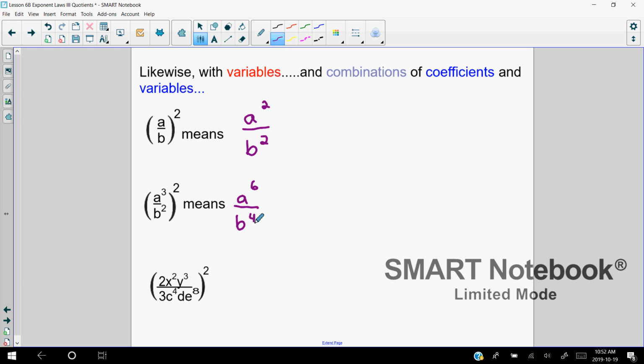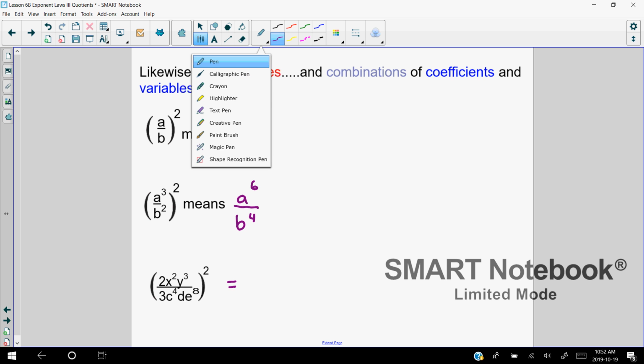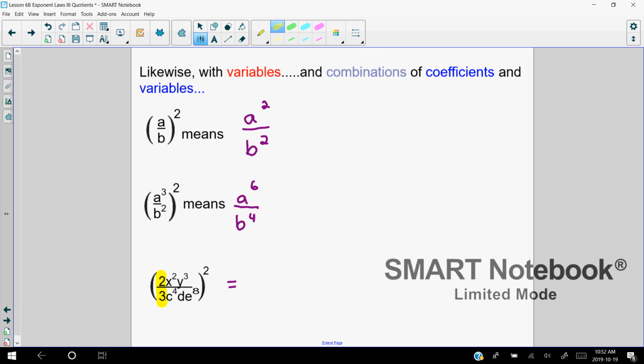And just when you thought things couldn't get more complicated, we need to throw in more variables and more coefficients. So the biggest mistake that I see is forgetting to apply the exponent to the coefficient. So we just leave it as 2 over 3 and we forget that we need to square it.